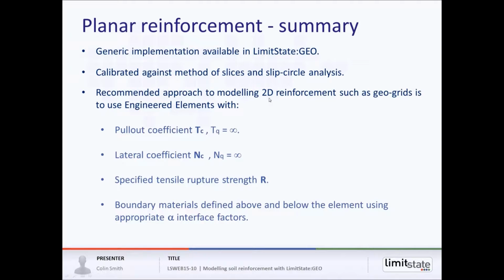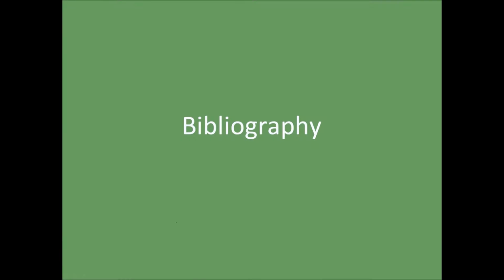So when we're modeling, just to summarize, two-dimensional reinforcement, we set these pull-out coefficients and lateral coefficients effectively to infinity. We specify a tensile rupture strength if we want, and we can specify boundary materials above and below the reinforcement to effectively model appropriate alpha interface factors.